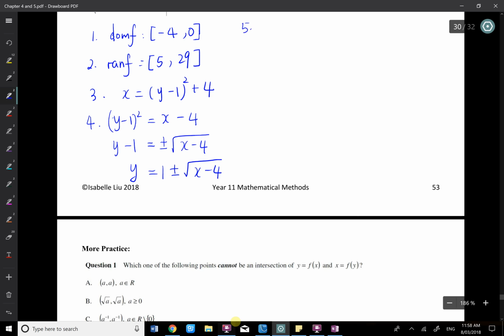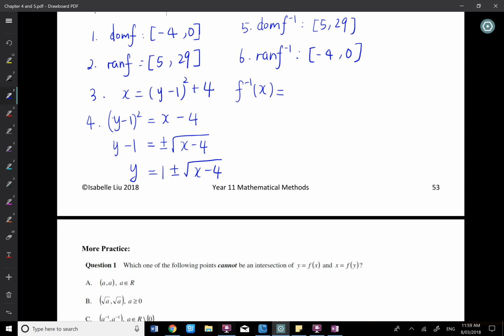And number 5, what's the domain of f inverse? 5 to 29. And what's the range of f inverse? -4 to 0. So for my f inverse of x, should I take positive or negative? Negative? We should take negative. You can see the answer is 0 and less than 0.